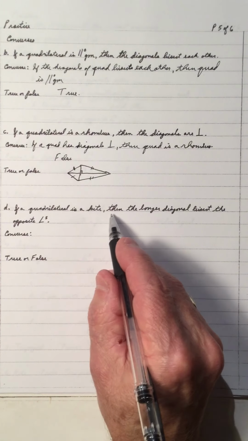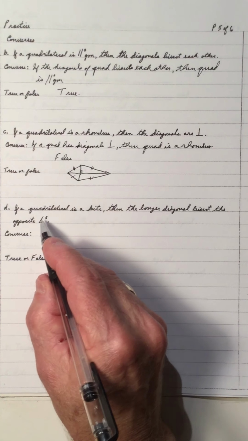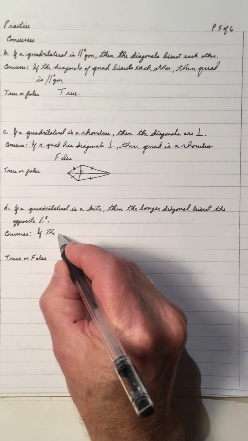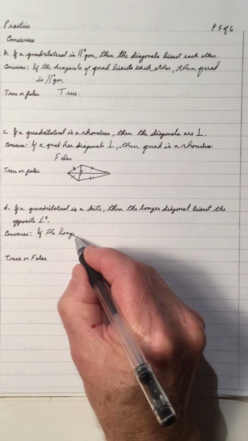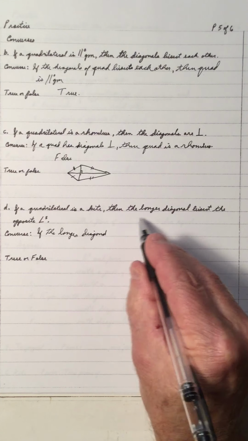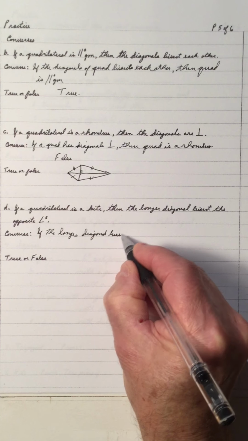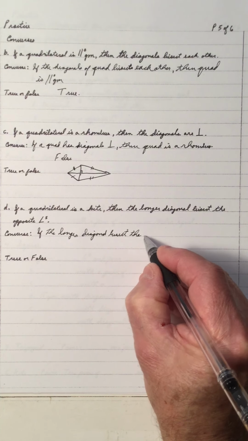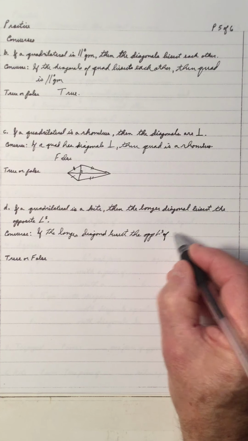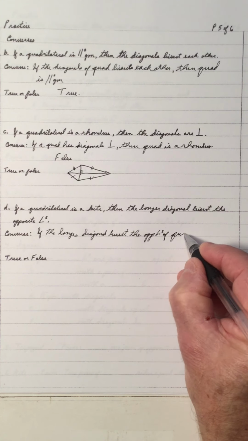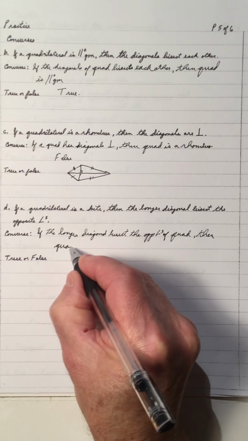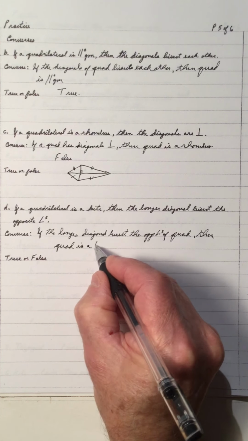If a quadrilateral is a kite, then the longer diagonal bisects the opposite angles. If the longer diagonal bisects the opposite angles of a quadrilateral, then the quadrilateral is a kite.